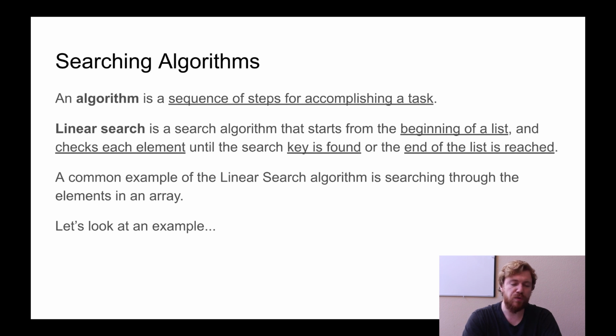This is somewhat review for you because we talked about algorithms previously when talking about traversal through a linked list, if you recall. An algorithm is a sequence of steps for accomplishing some sort of task.